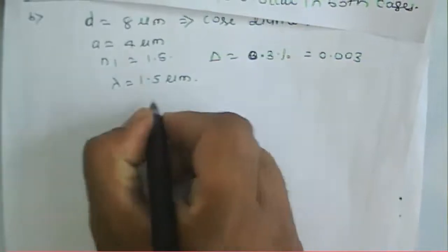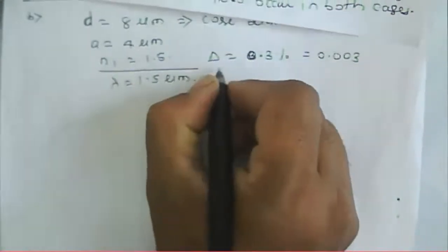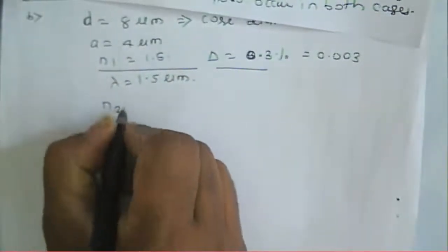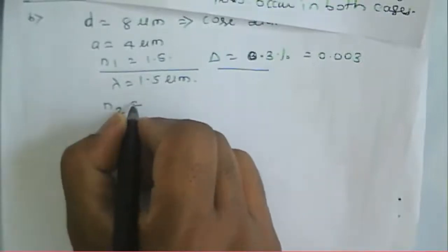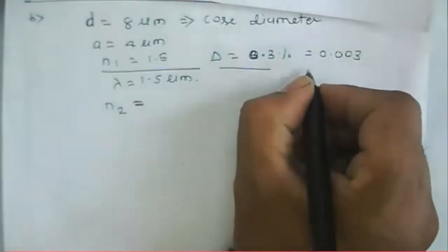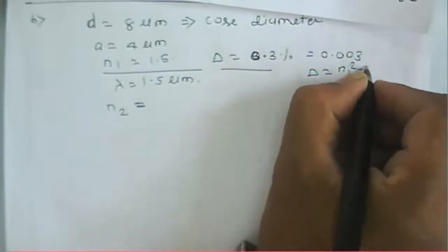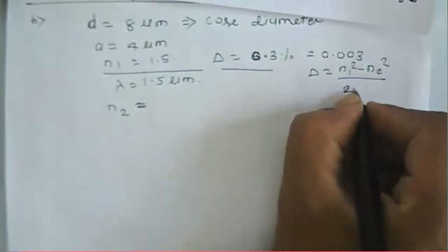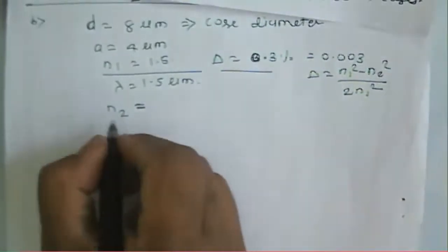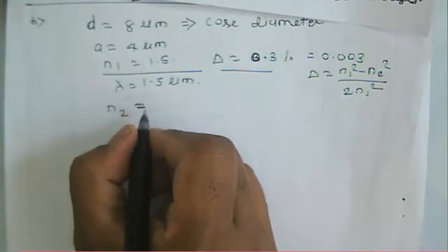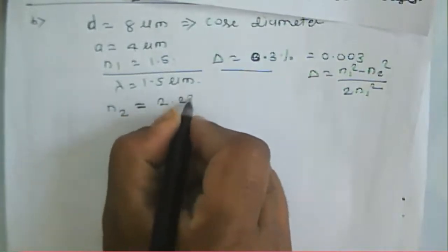Then from this del and n1, you can find out n2, because del is equal to n1 square minus n2 square by twice of n1 square. So you'll get the n2 by solving it. That will be 2.237.